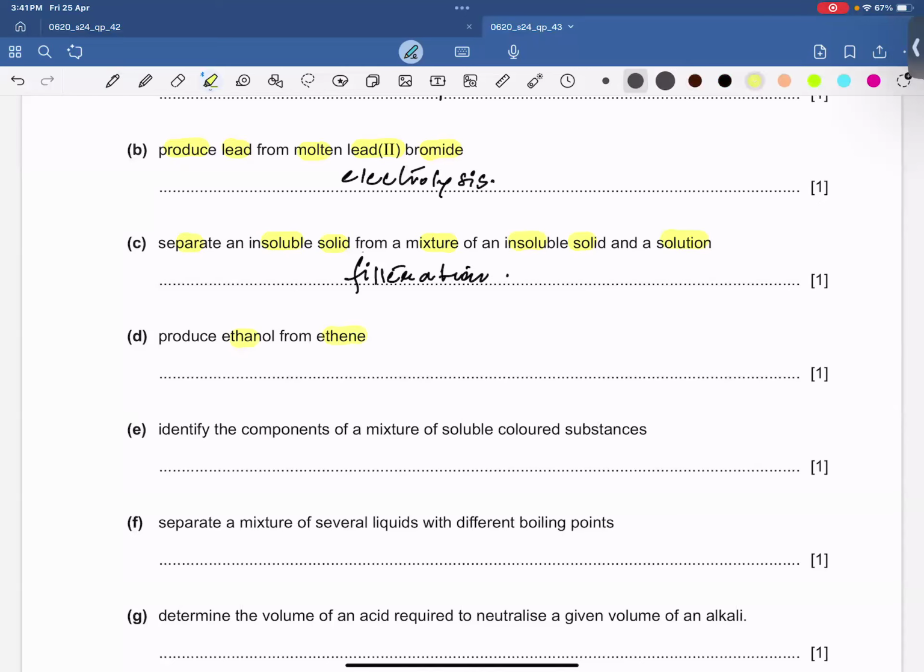Produces ethanol from ethene. Addition reaction in the presence of catalyst.